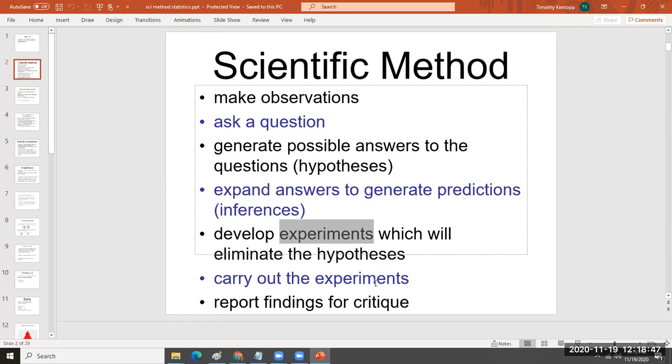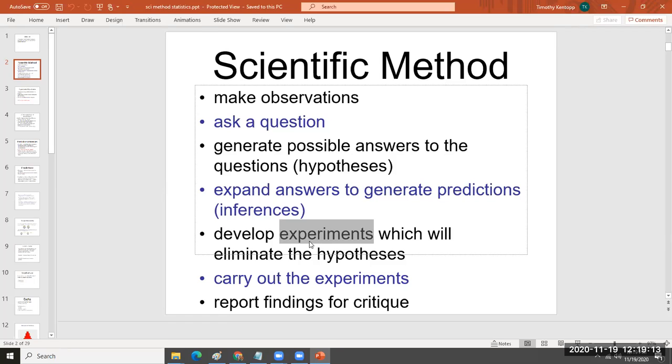I will say that one of the most important aspects of scientific computing applications is keeping a log or a journal of your process. So as you're walking through this scientific method, one of the things that's very common about the scientific method and scientific computing is that you're doing a lot of repetition.